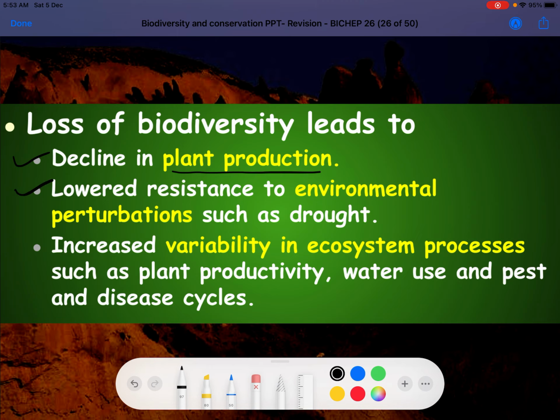Second, lowered resistance to environmental problems or perturbations. So environmental conditions are going to be harsh and disturbed, and many consequences are possible to face, for example, drought.